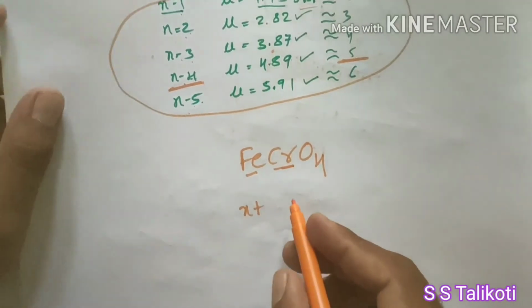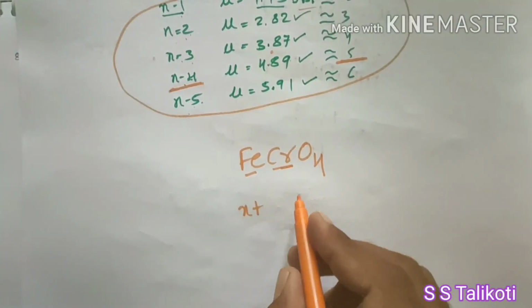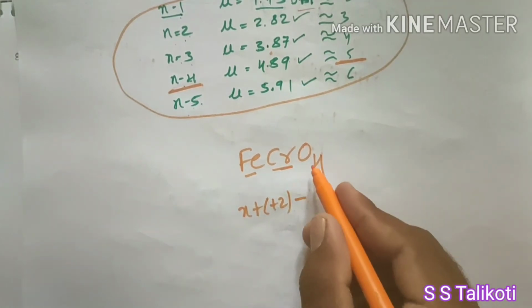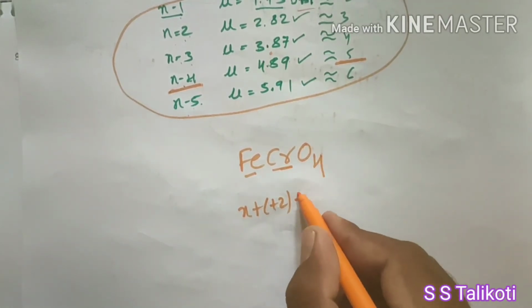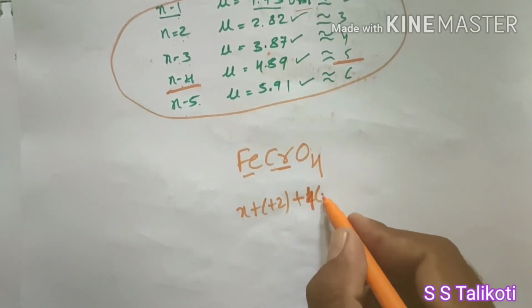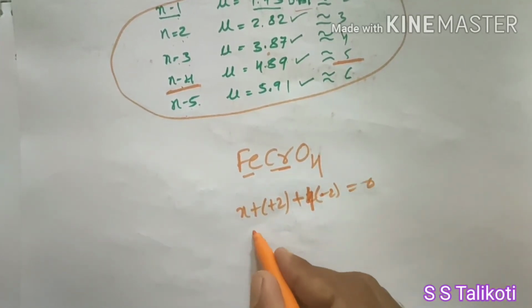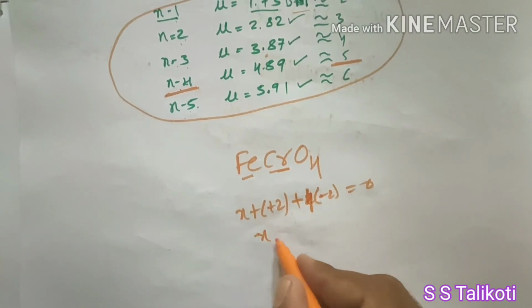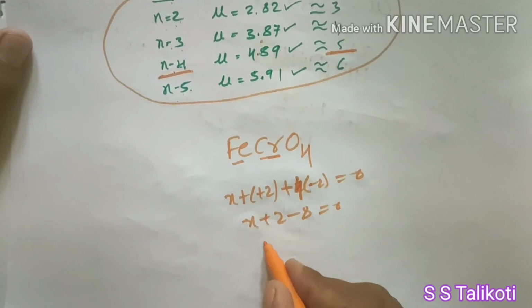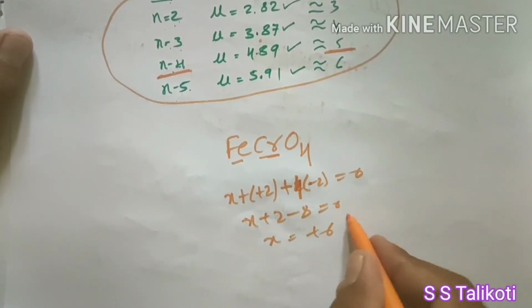First we go for the +2 oxidation state. In the +2 oxidation state, there are 4 oxygens, and 1 oxygen means -2, equal to 0. Therefore x +2 -8 equal to 0, so x equal to +6.